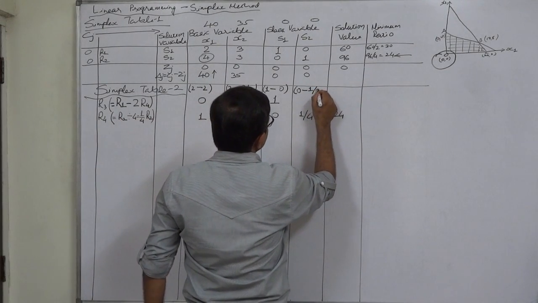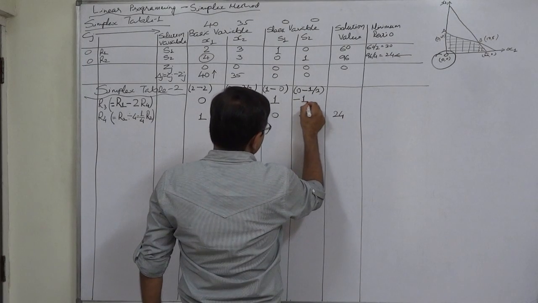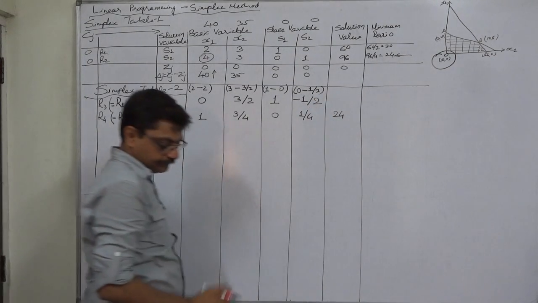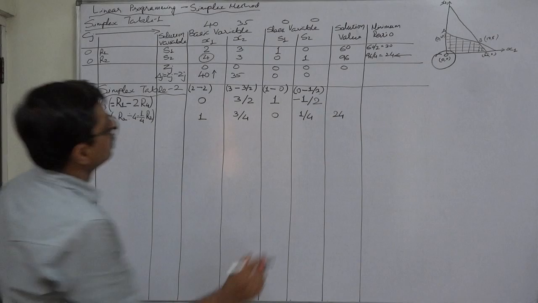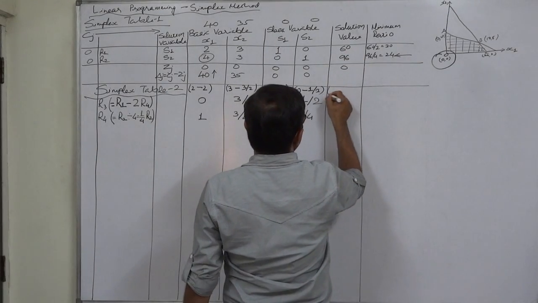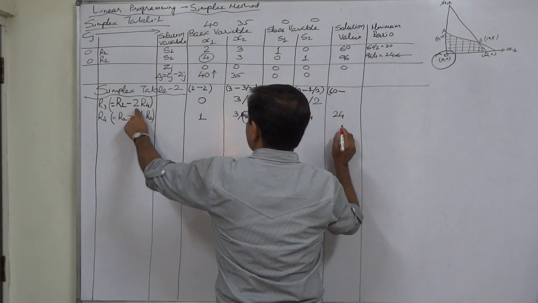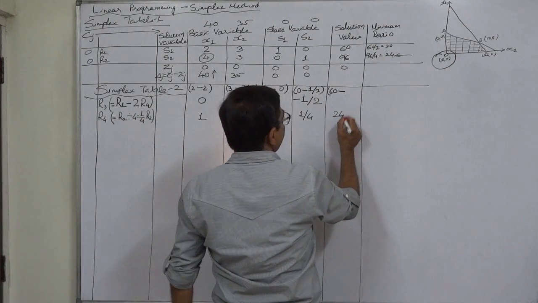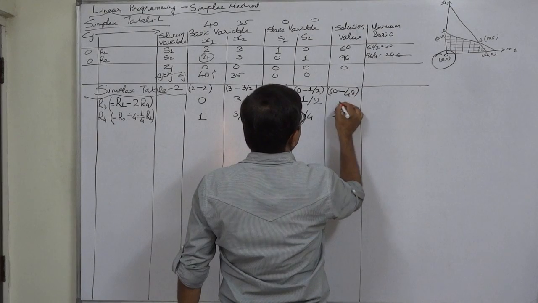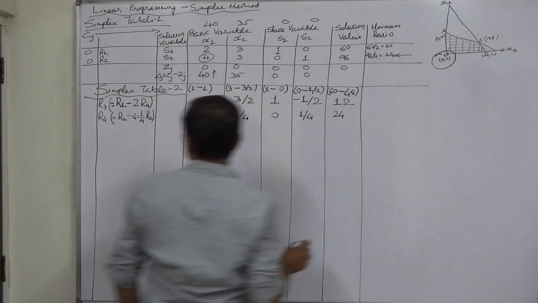So ultimately it is 0 minus 1 by 2, that is minus 1 by 2. Now 60 is here in R1, minus 2 into R4, which means 2 into 24, that is 48. So it is 12 here.